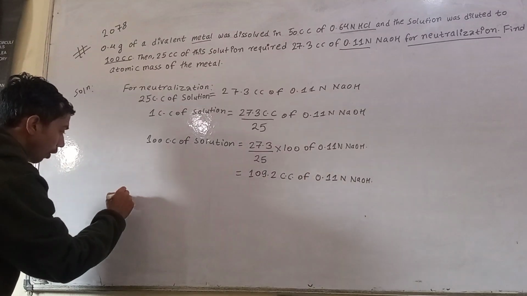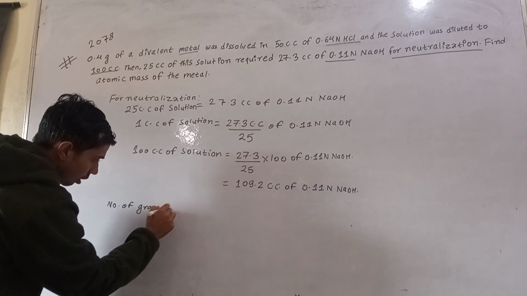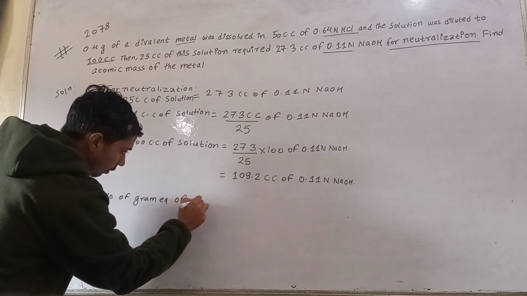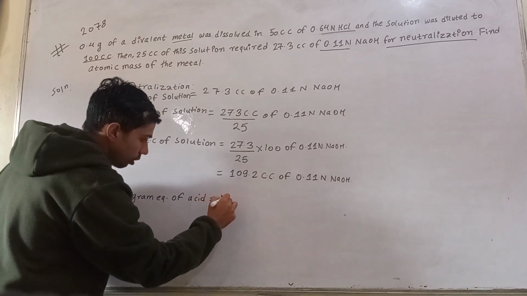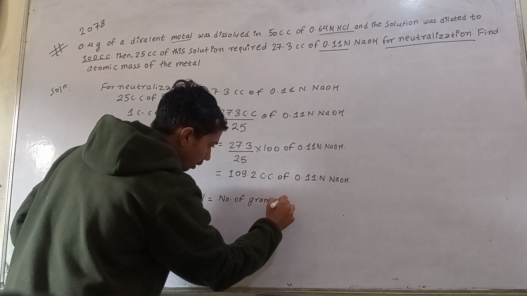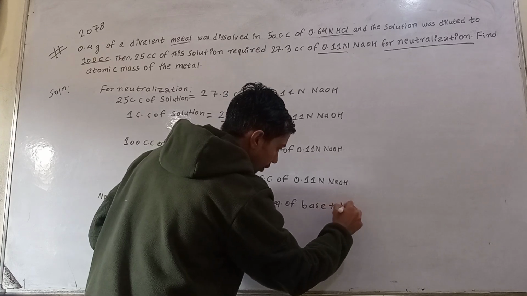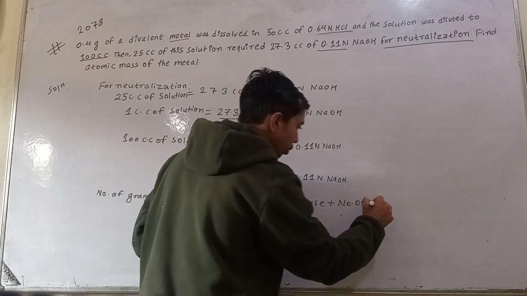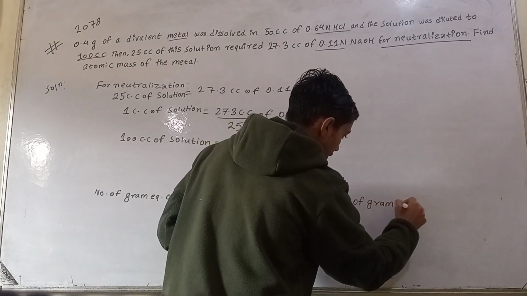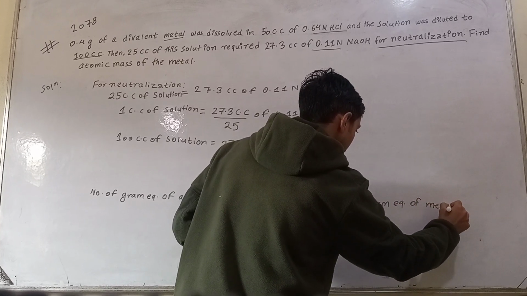So number of gram equivalent of acid equals number of gram equivalent of base plus number of gram equivalent of metal.